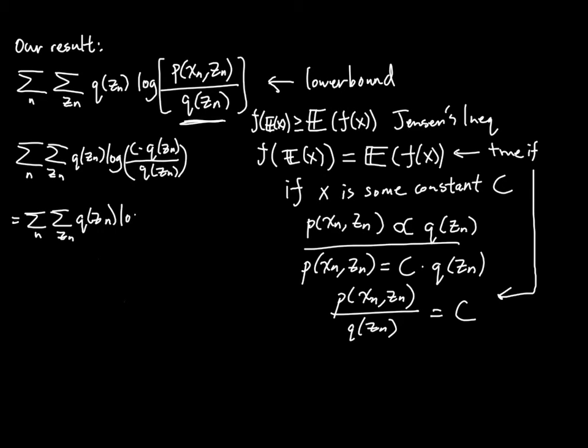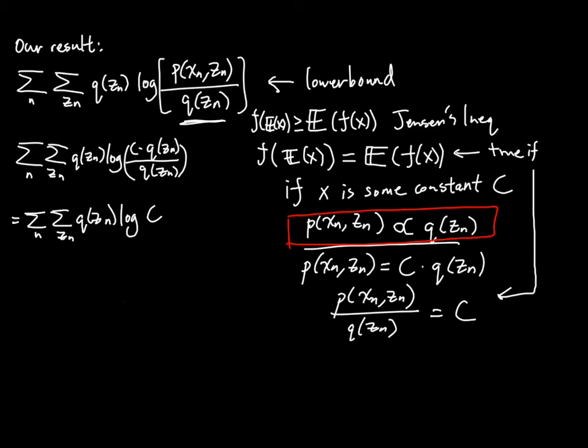But here we shouldn't just say we're done, because now we actually need to know what this Q is. Obviously, from what we just said, it's proportional to P of xn zn, so we can plug in P of xn zn as well.